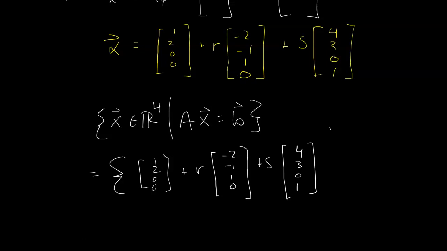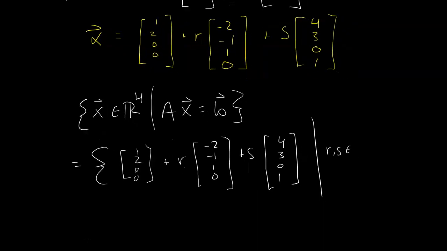And then we have a vertical line, which just means such that both r and s are members of the real numbers, so they're just constants. So this is a set of all vectors that can be written this way, plugging in any combination of r and s.